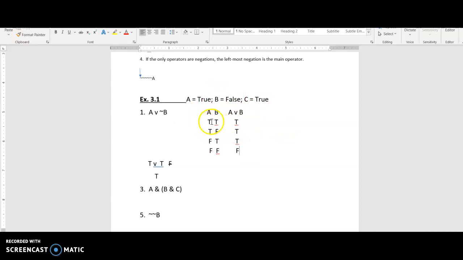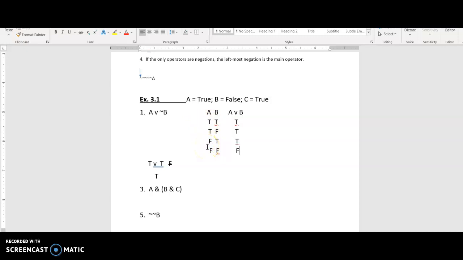And what the truth table shows is every possible combination. So if you have two atomic sentences connected by an operator, they could either both be true, they could both be false, or one true and one false. A true, B false, A false, B true. So those four possibilities are exhaustive.